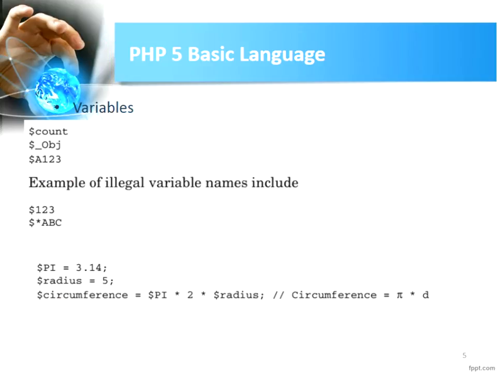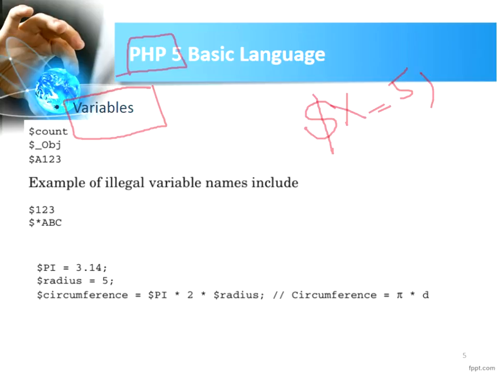Let's move now to variables. How can we create a variable in PHP 5? To create a variable, I use the $. After that, the name of the variable. For example, $x equals 5.